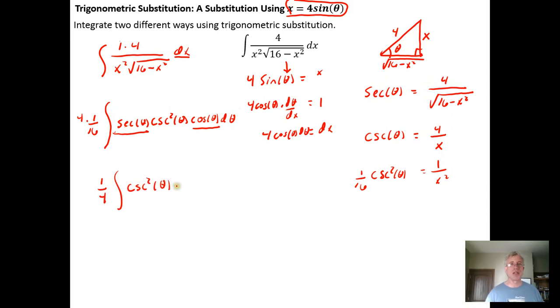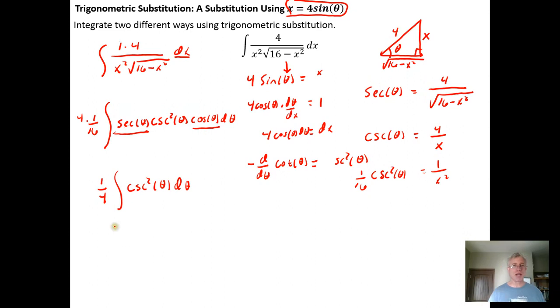of theta d theta. And then what we want to recall from first semester calc is that if you take d theta of the cotangent of theta, you get minus the cosecant squared of theta, which means the cosecant squared of theta, if I multiply both sides by -1, is going to be the opposite of the derivative of the cotangent.